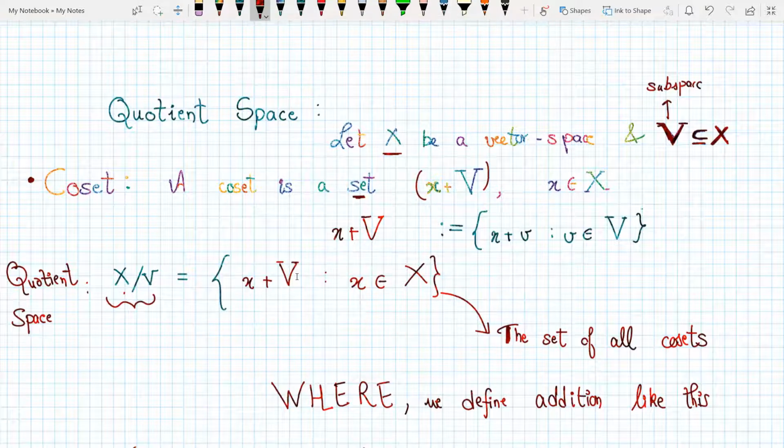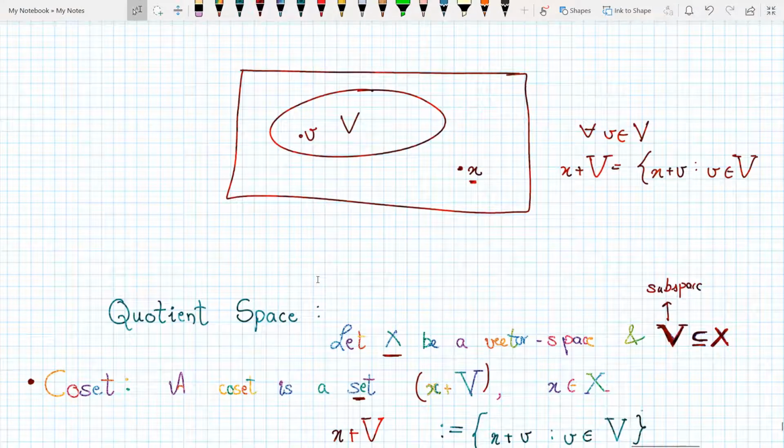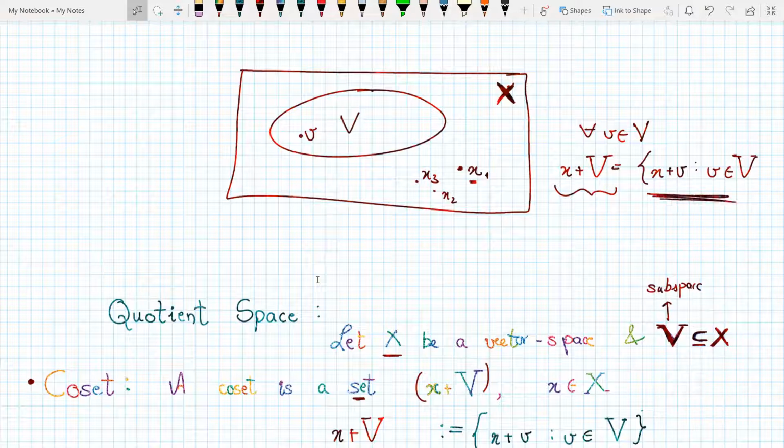Now if you look at this diagram, for every element of X you define a coset. Suppose this is x1, this is x2 and this is x3. For every element of my space X you take a coset, and this is not just one quantity, it is an entire set of elements.